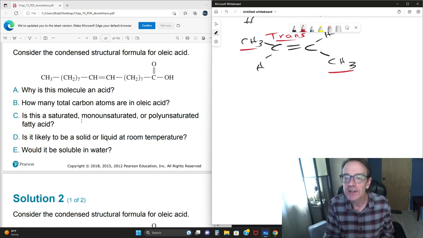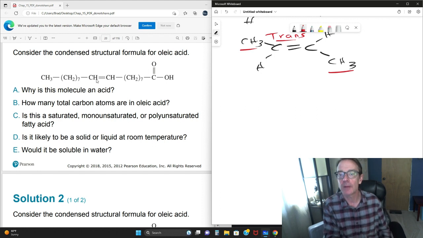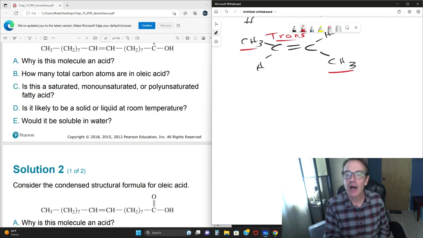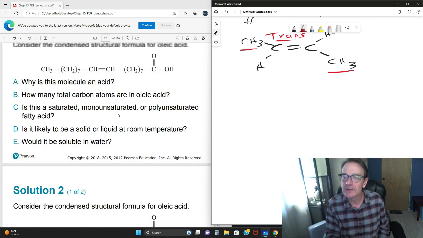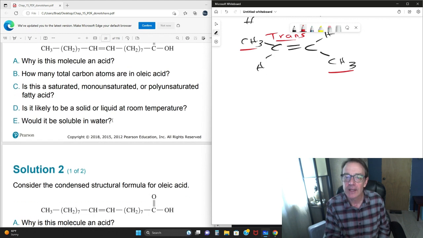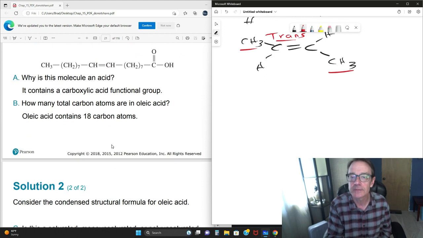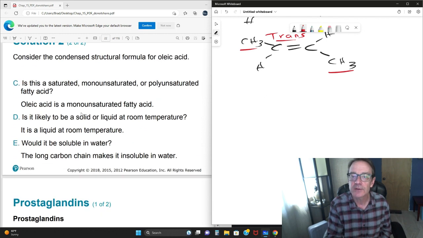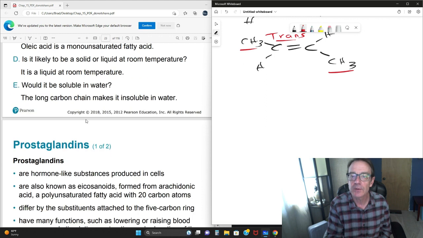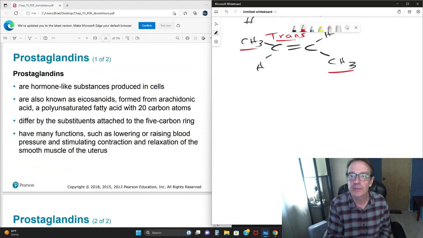Is it saturated, monounsaturated, or polyunsaturated? This is monounsaturated. There's only one carbon-to-carbon double bond. And it's likely to be a solid or a liquid, probably a liquid, because it's not packing together. And of course, would not be soluble in water because fatty acids are nonpolar and are not soluble in water. Carboxylic acid, 18. Make sure I did all this right. It is a liquid and it is not soluble.